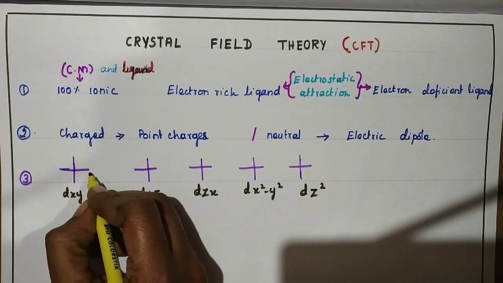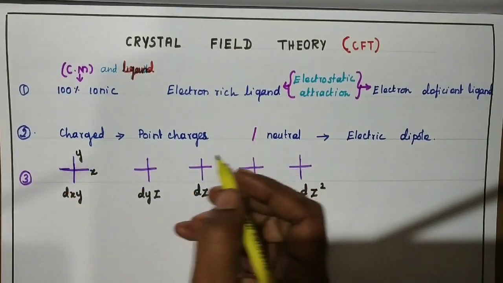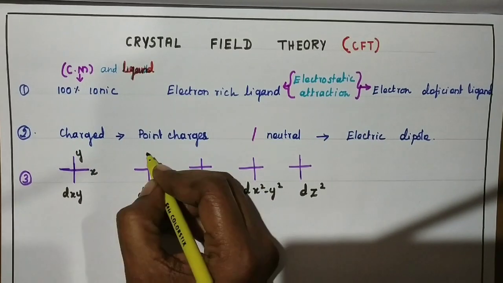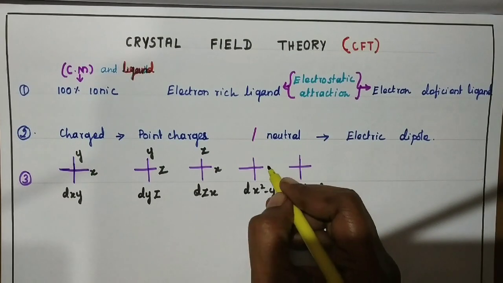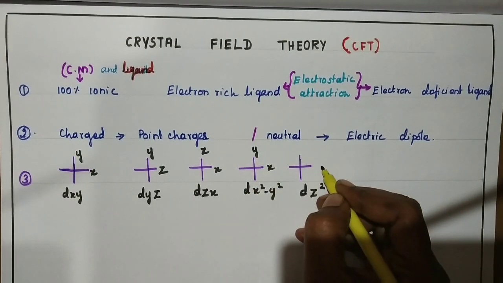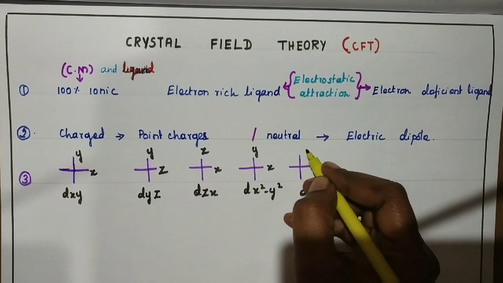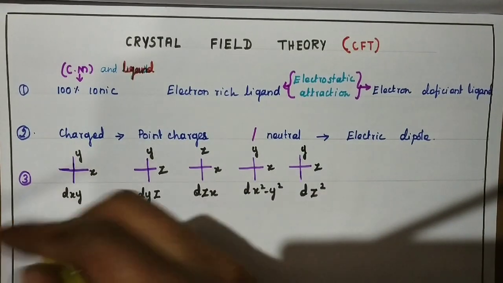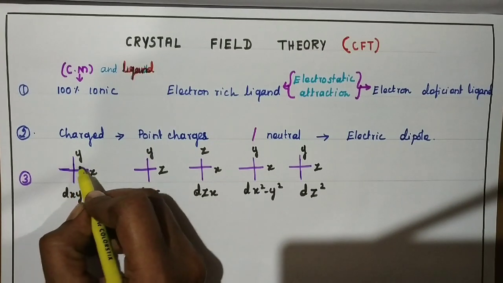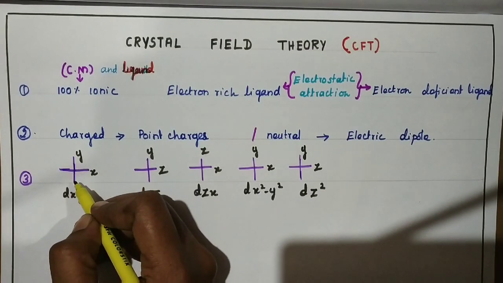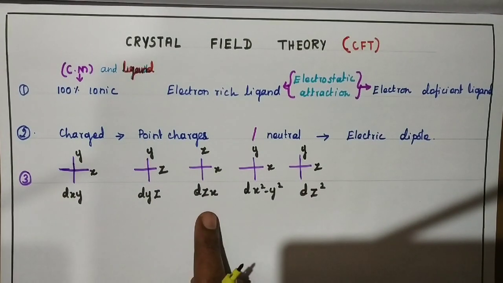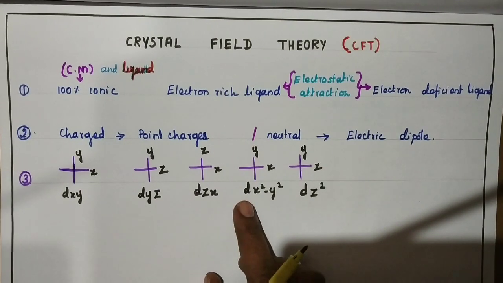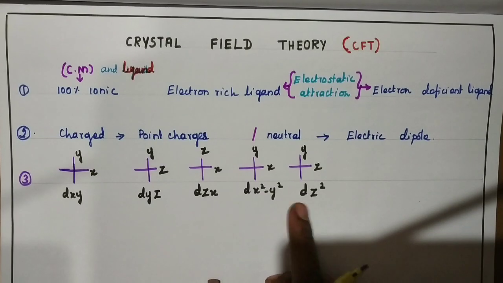So here, dxy, dyz and dxz differ from dx square minus y square and dz square.